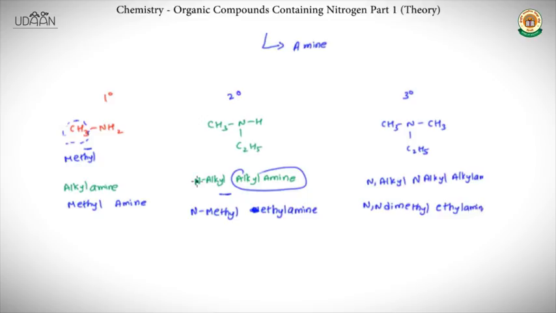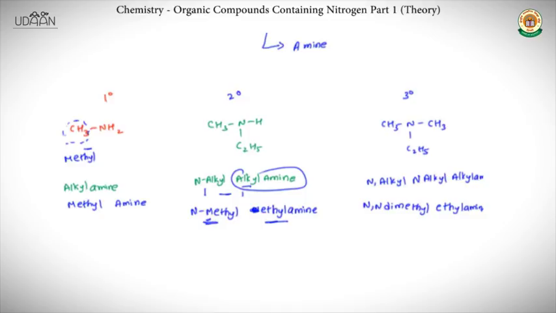Now as you can see, the alkyl groups are chosen as per alphabetical order. Between methyl and ethyl, letter E comes before letter M, which is the methyl group. So ethyl is written here as the root, and methyl is given second priority, so it is written here.